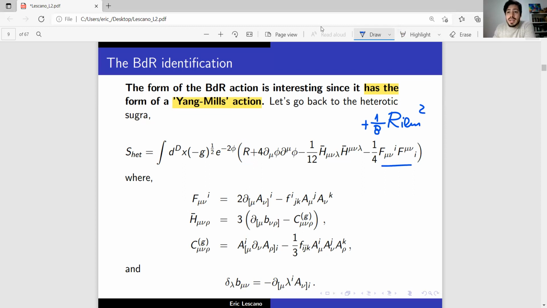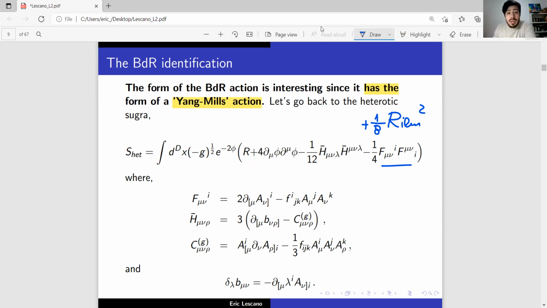And here we have an F squared term. The structure is very, very similar. We have a lot of analogies between the alpha prime corrected gravitational sector and this zero order. This is the zero order Lagrangian.